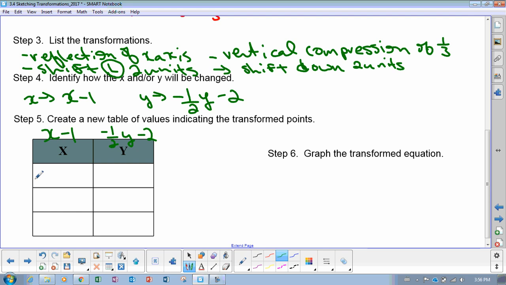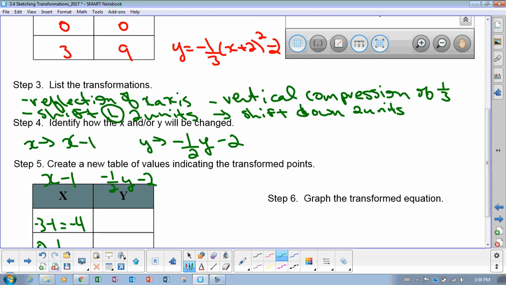So I did have negative 3. I'm going to subtract 1. So that gives me negative 4. 0, subtract, wait, no, I think I made a mistake. It's not 1, it's 2. I don't have anybody in front of me to correct me. So I'm just going to quickly go back and fix these little equations so that it works. Okay.